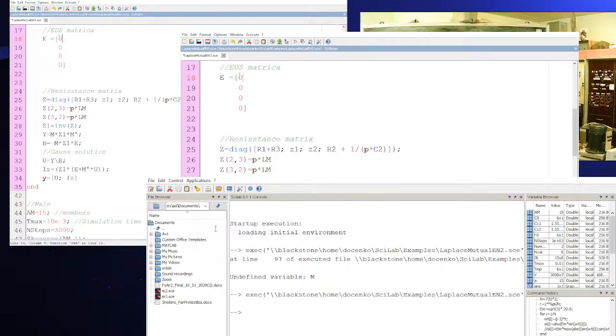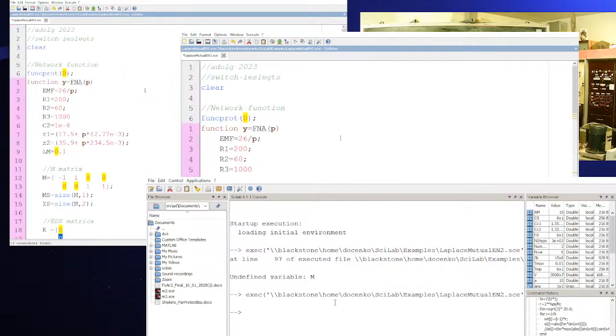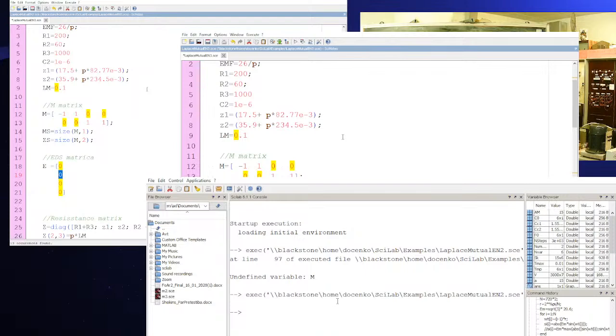Okay, so I'll need to put an EMF, it's branch number 2. Yeah, this one is the second branch. What should I write here?